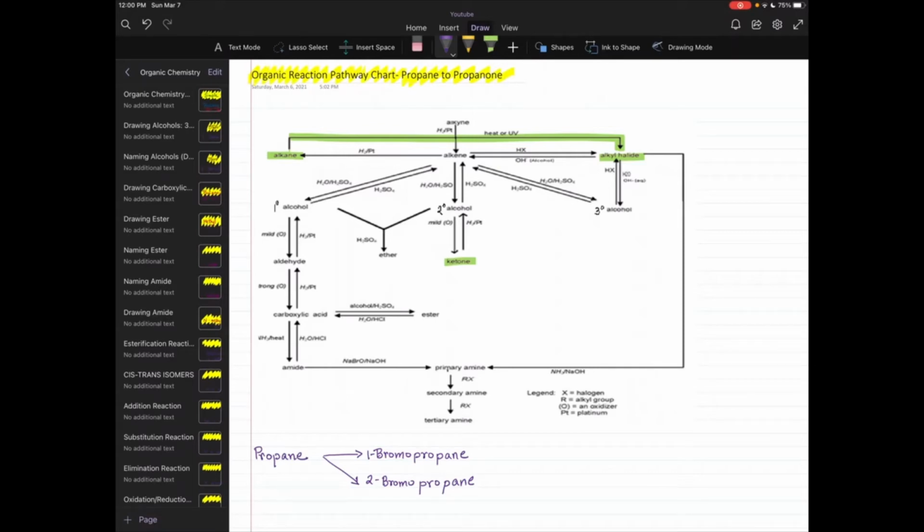Once we have the alkyl halide, we can convert it into an alkene right here. So we are going to go this way and create an alkene. To do this, it says OH minus hydroxyl ions in alcohol. So we are going to use OH minus from the alcohol.